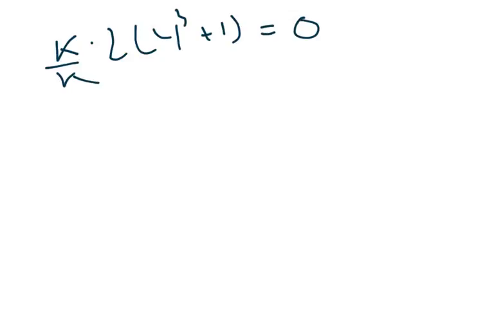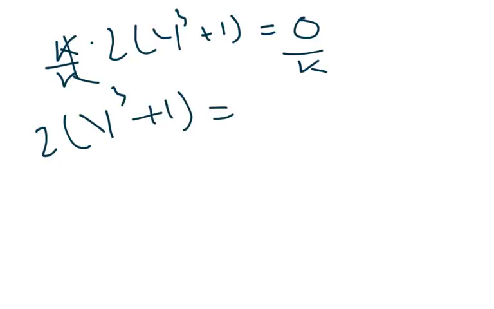Now you divide by k. You're left with 2 times y cubed plus 1 equals 0. So you divide by 2 on both sides.